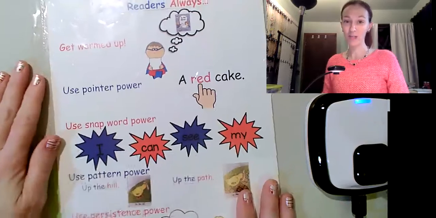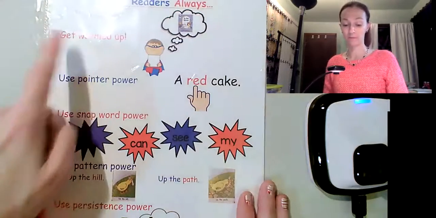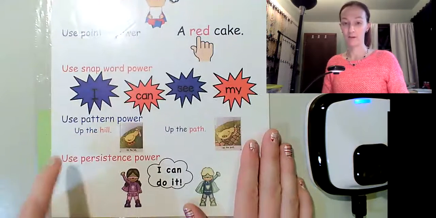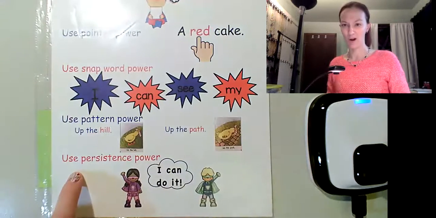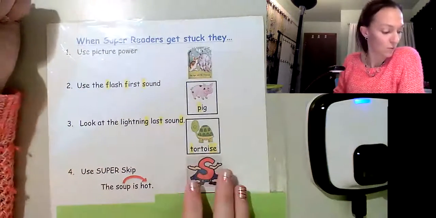So, if you notice, we learned all the time superpowers, right? Warming up pointer, snap word, pattern, persistence power. And we've also learned a bunch of superpowers to use when we get stuck.